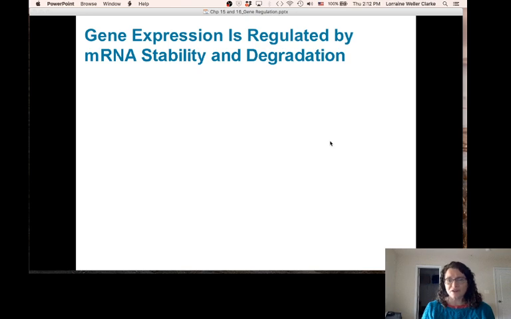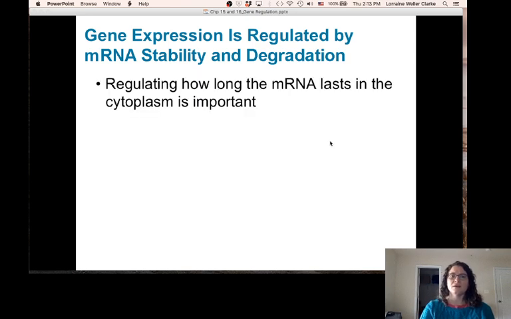Bacterial is very rapidly degraded, but regulating how long the mRNA lasts in the cytoplasm is important. The idea is that if you want it to be expressed a lot, putting a longer poly A tail on it means that it'll degrade slower and it'll be read multiple times by the ribosome.